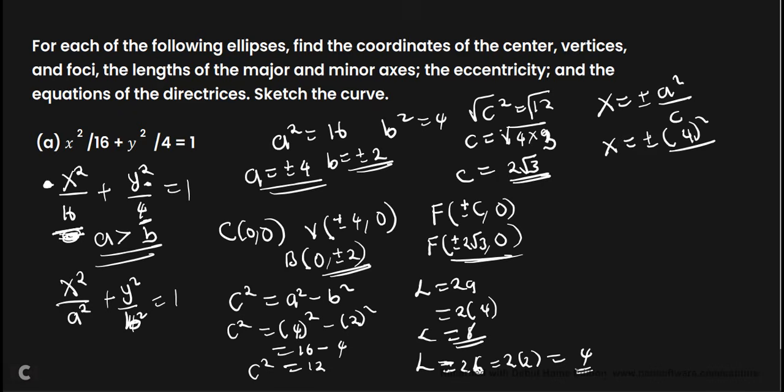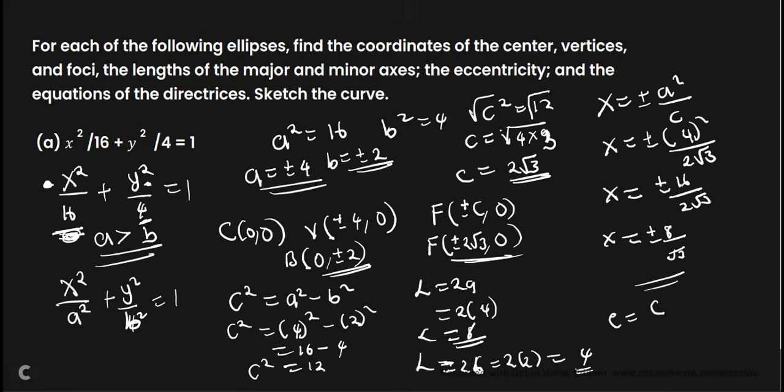What is your c? 2 root of 3. So x equals positive or negative 16 over 2 root of 3. Then you have x equals positive or negative 8 over root of 3. That is your directrix.